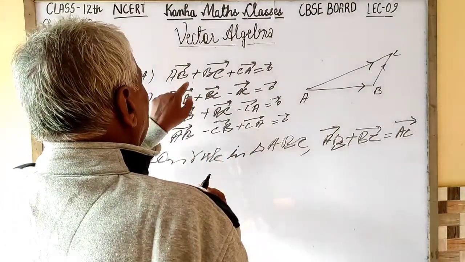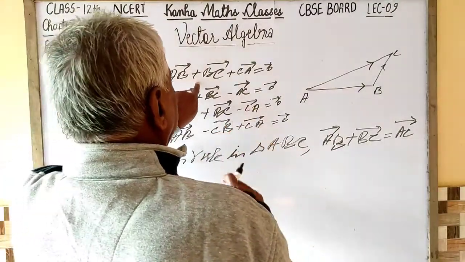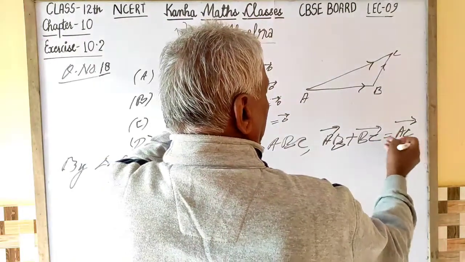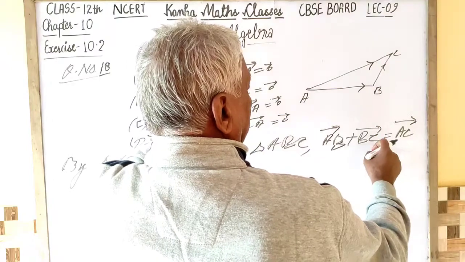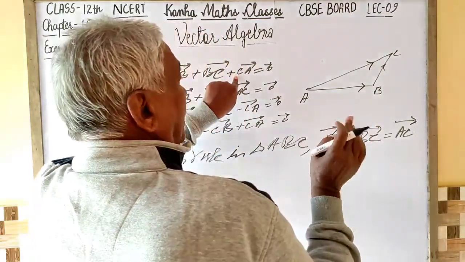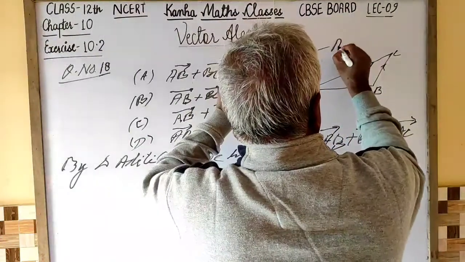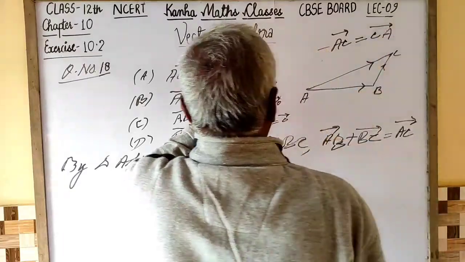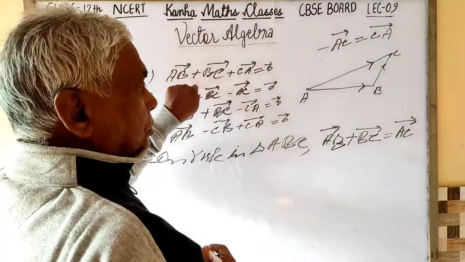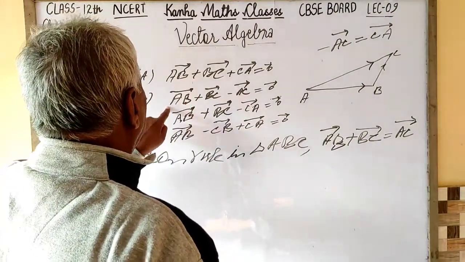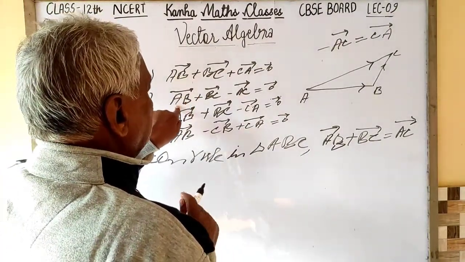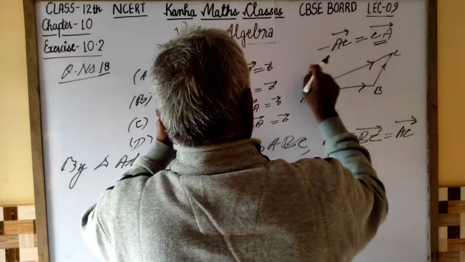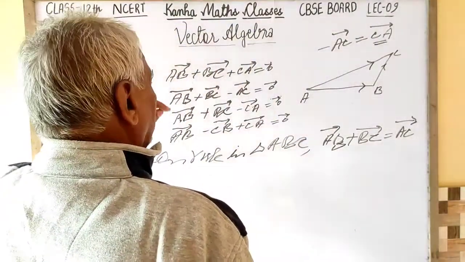You must observe option A. Obviously AB plus BC is equal to AC, and if you transfer this to the left hand side, it will be equal to minus AC, and by the definition of vector, minus AC will be equal to CA. Hence this option is true. In the second option, AB plus BC minus AC, CA you may write as minus AC. Options A and B are similar.